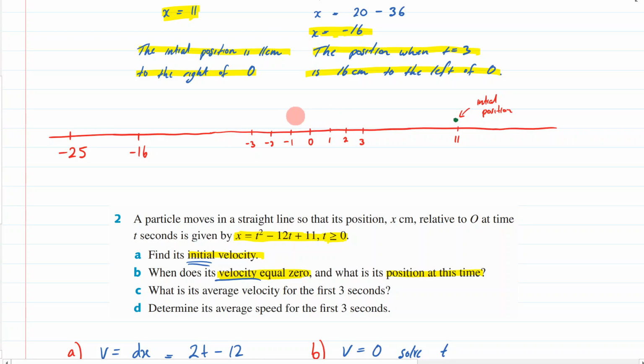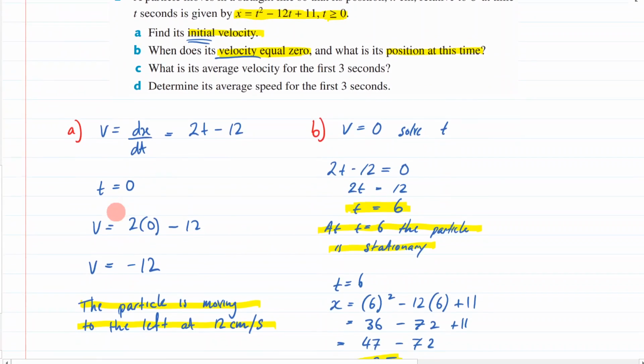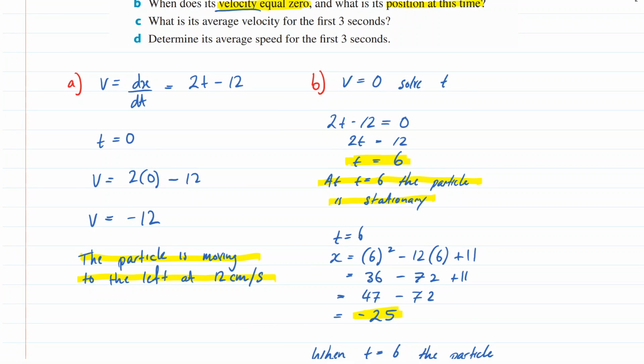I know that I started here, this is my initial position, 11 centimeters to the right of the origin, and I'm moving this way, and I stop at negative 25, and the time at which this occurs is at t is equal to 6. So after 6 seconds, I'm stationary at this point right here. Perfect. All right. Let's keep on moving.